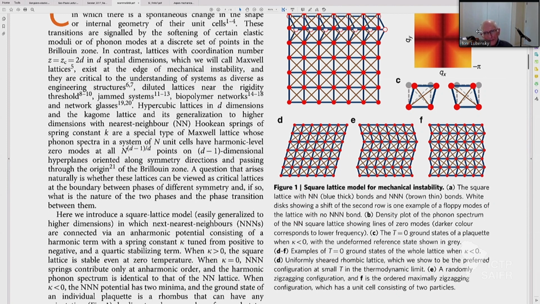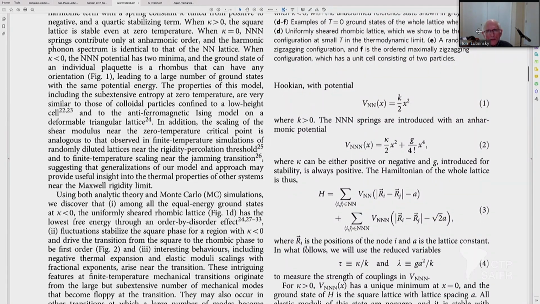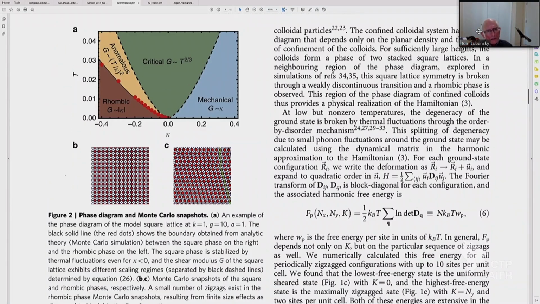So this shear distortion is the zero mode for the system. Okay, so now back to this. What we have is a mechanically stable lattice in which G is proportional to kappa as long as kappa is non-zero.